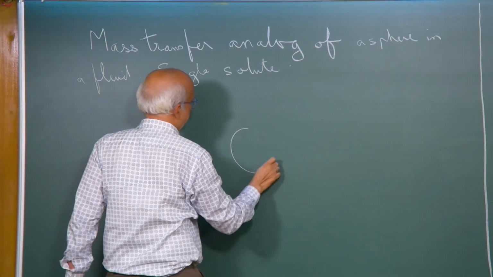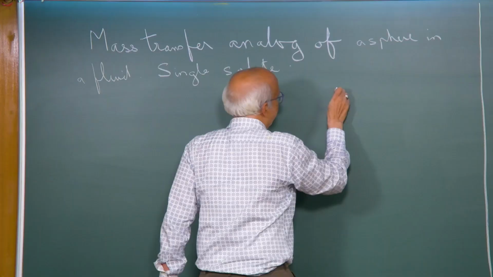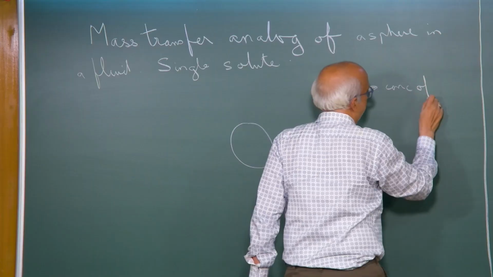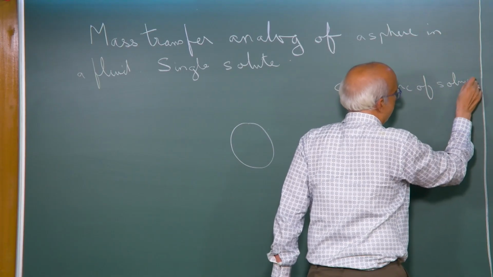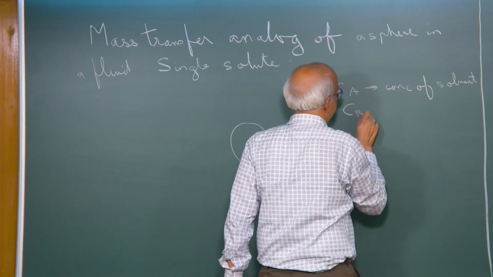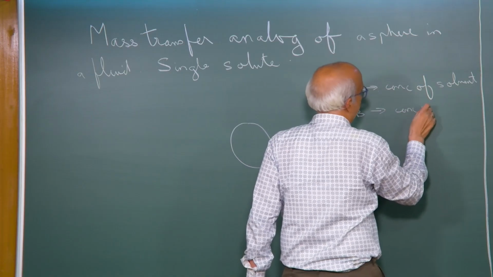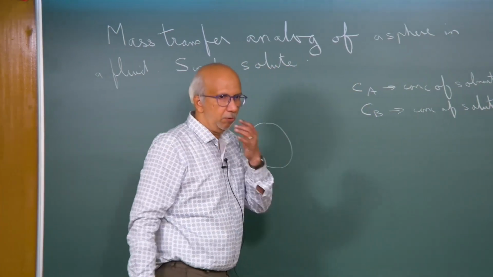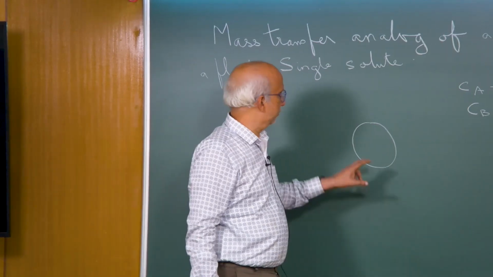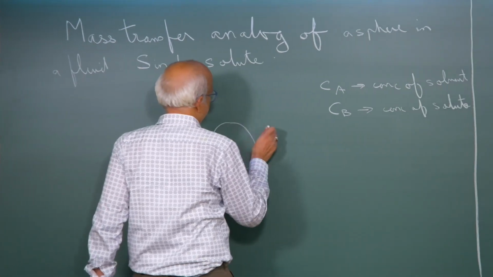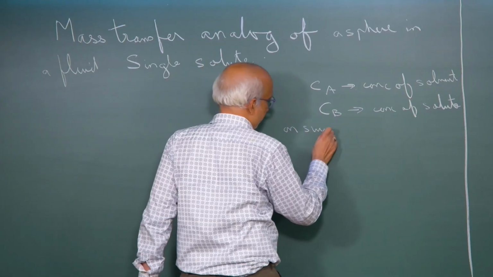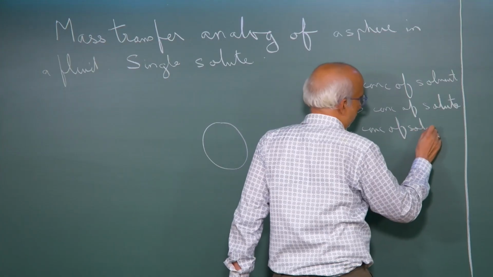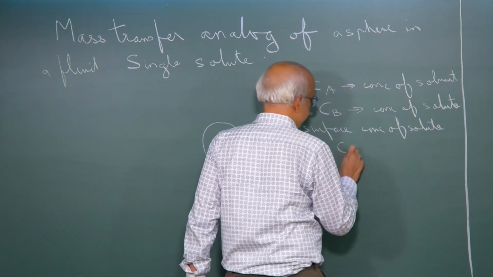So, you have a sphere, and let us say Ca is the concentration of the solvent and Cb is the concentration of the solute, and the concentration of the solute on the surface is Cb naught.